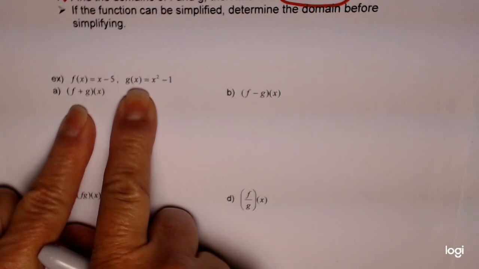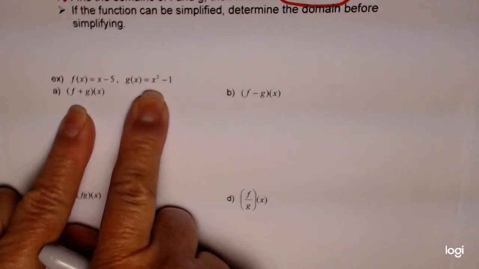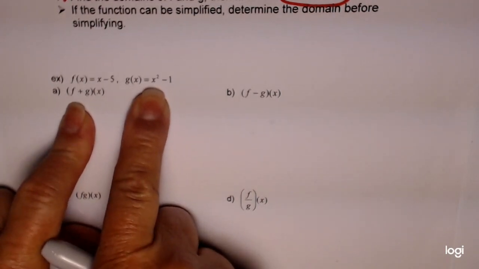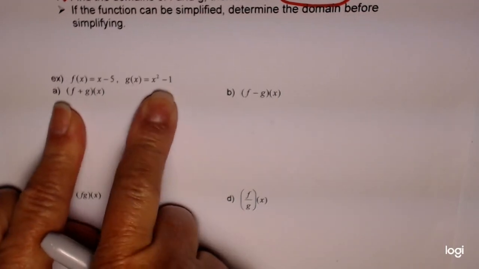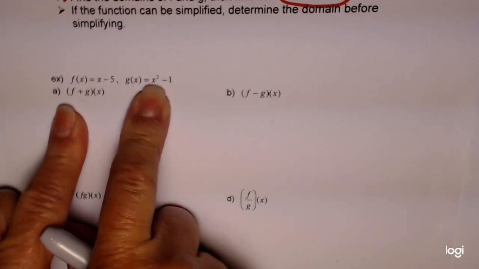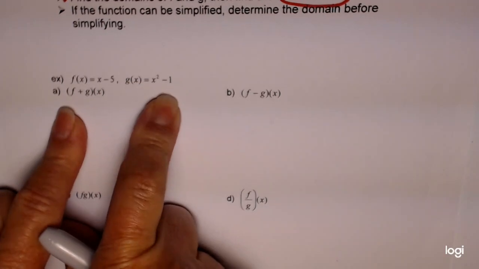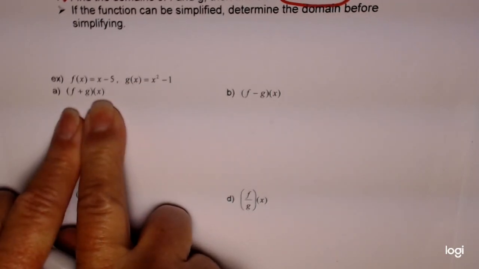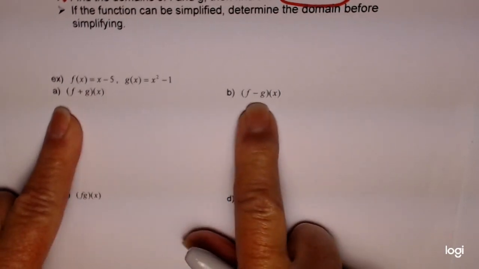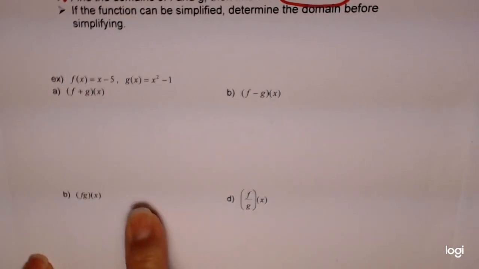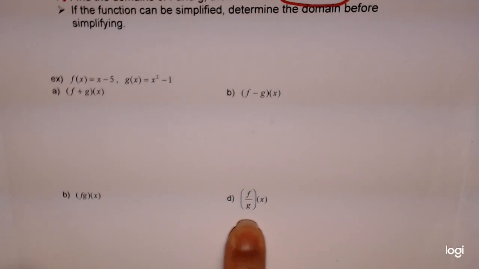And g of x is x squared minus 1, so a parabola. From transformations, a parabola shifted down 1. That's just for kicks and giggles. You know that, hopefully. And we're going to look at putting it together using addition, subtraction, multiplication, and division.